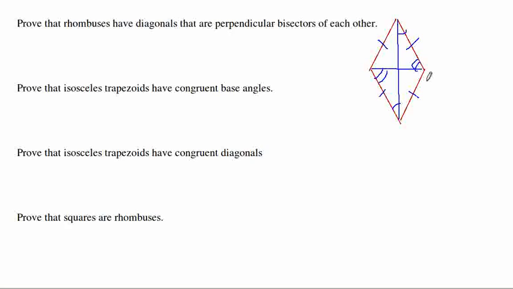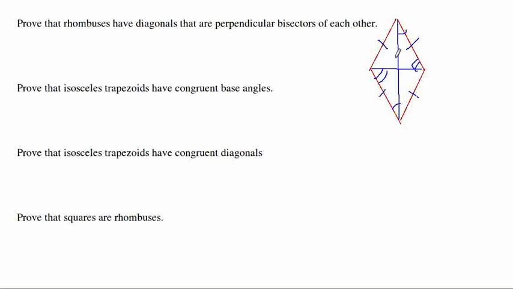Okay, now we've got 4 triangles that have been created inside the rhombus. Notice that we have congruent triangles as well.